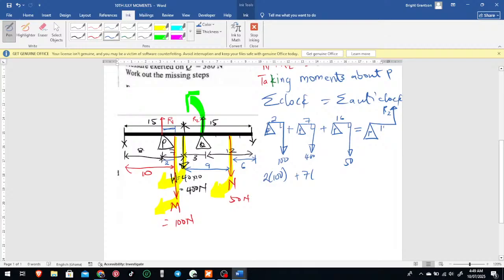Or is it not 16? I think it's R1, 10. R1 is 7 plus 3, 10. You get it? Yes. So 7 times 400 plus 16 by 50.